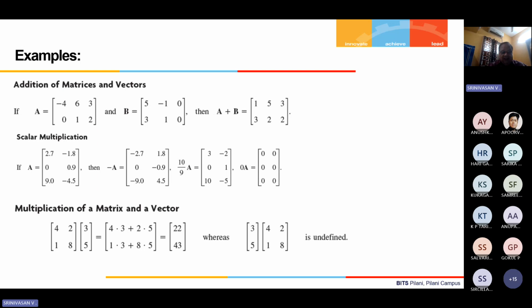Therefore the product is defined. Multiplication is possible, and the resulting matrix will be of order 2 by 1. That means you will have only a column matrix, that is a vector.